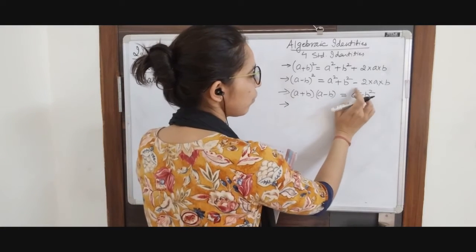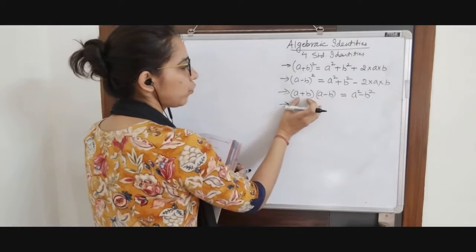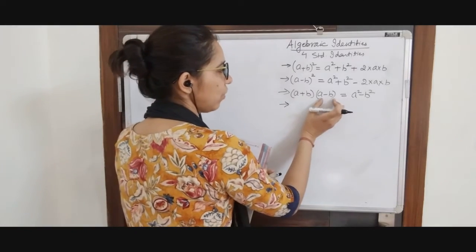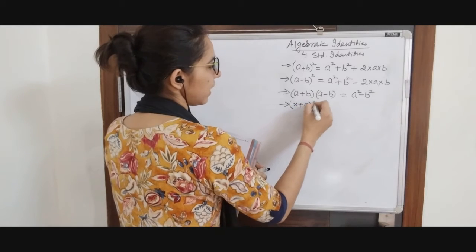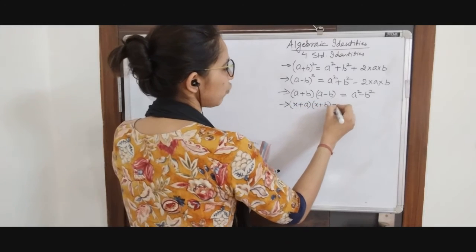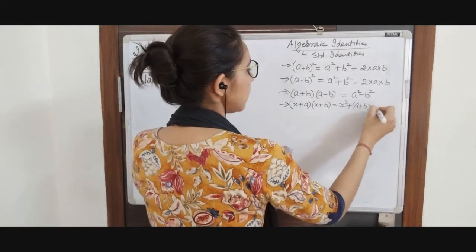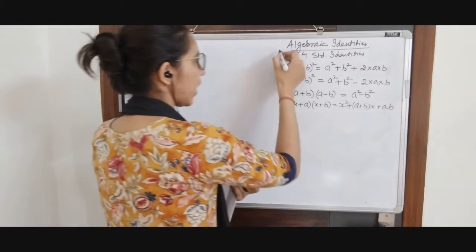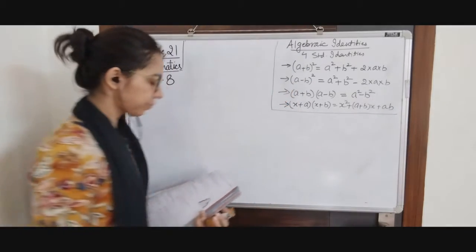If we have the square of the first term minus the square of the second term, it will be equal to the sum of two terms into the difference of two terms. Next we have (x plus a)(x plus b), which will be equal to x square plus (a plus b)x plus ab. These four identities we are going to use today also.